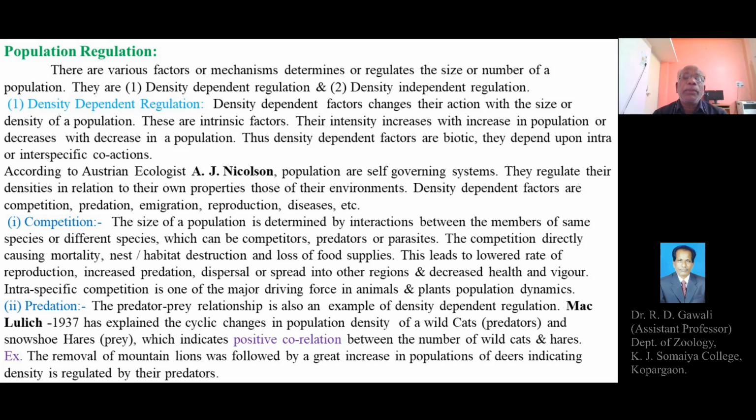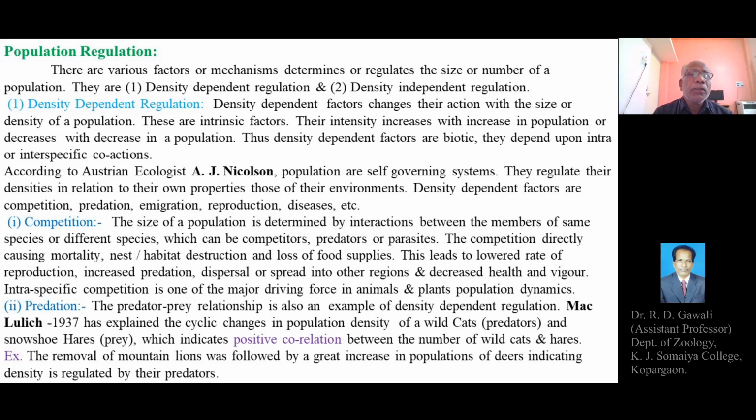Thus, density dependent factors are biotic, and they depend upon the inter and intraspecific actions or co-actions.